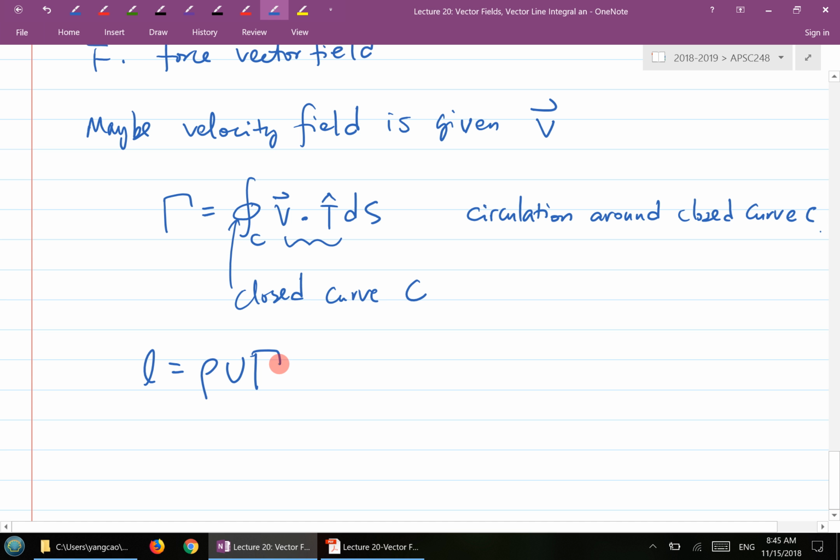Times this circulation gamma, and you get the so-called lift force. So that simple vector line integral can give you a very important formula. It's called the Kutta-Joukowski theorem. If you're interested, we have an aerodynamics course offered by one of our professors in the fourth year.